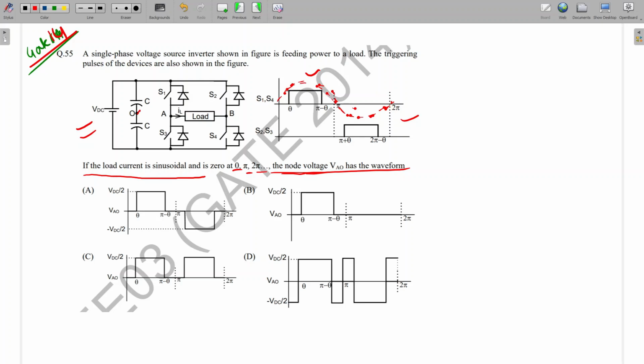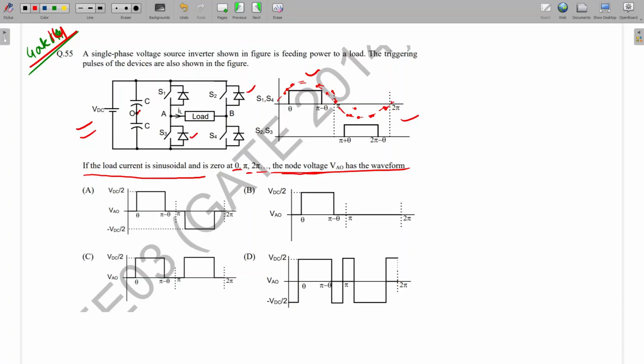So which will conduct here? This is a sine wave, and from theta to pi minus theta S1 and S4 will conduct. Before that, we are not triggering S1 and S4. So S1 and S4 are not triggered here, but this diode will conduct. Is it clear? Yes, sir.